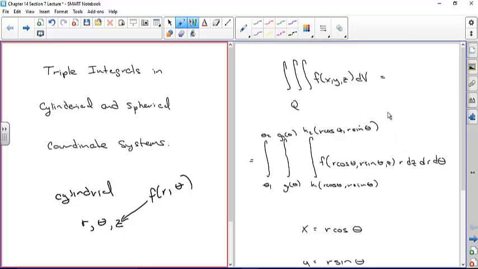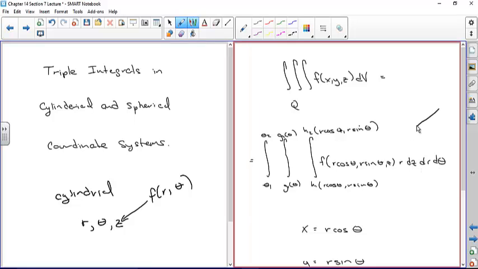So if you remember, the area element when we did a double integral was r dr d theta. For cylindrical, it's r dz dr d theta. So this takes into account, as you go out in the r theta plane, that your differential elements get bigger as you go out to larger radiuses in that plane.